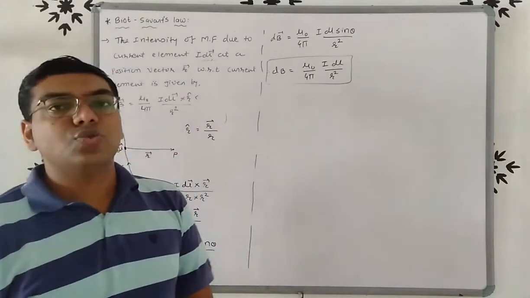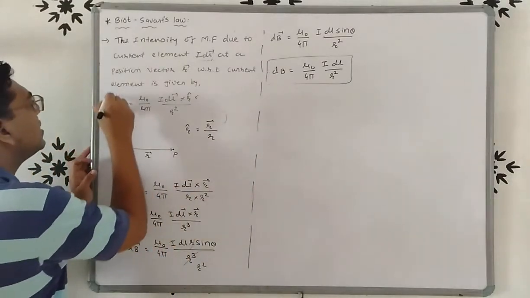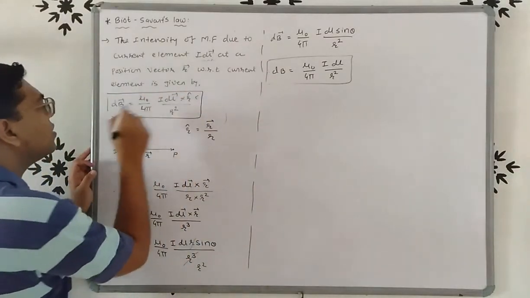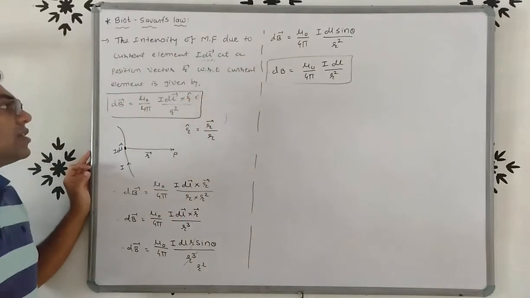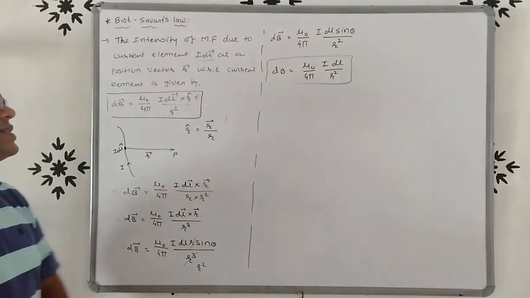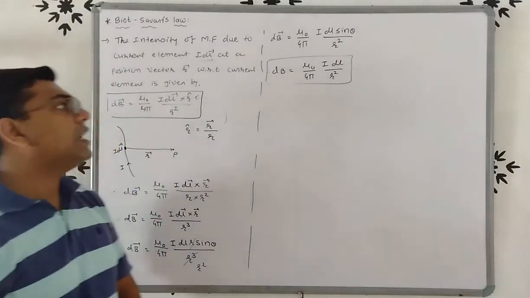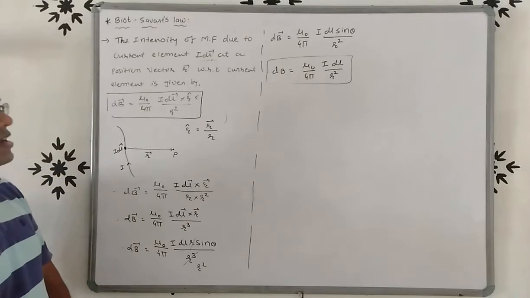So friends, you have to remember these formulas. First one, dB is equal to μ0 by 4π, Idl cross r cap upon r square, and second one, dB is equal to μ0 by 4π, Idl upon r square, right?